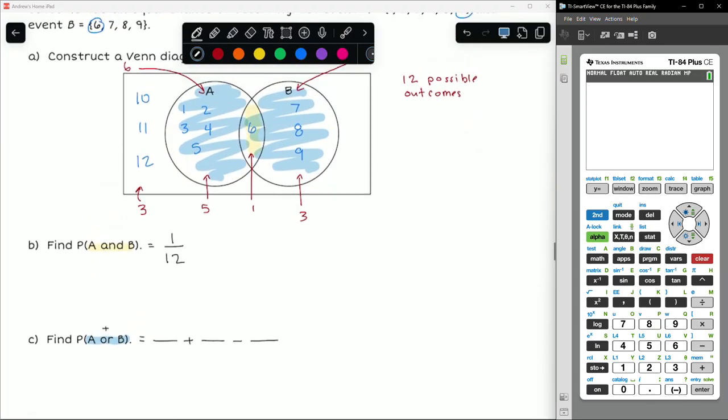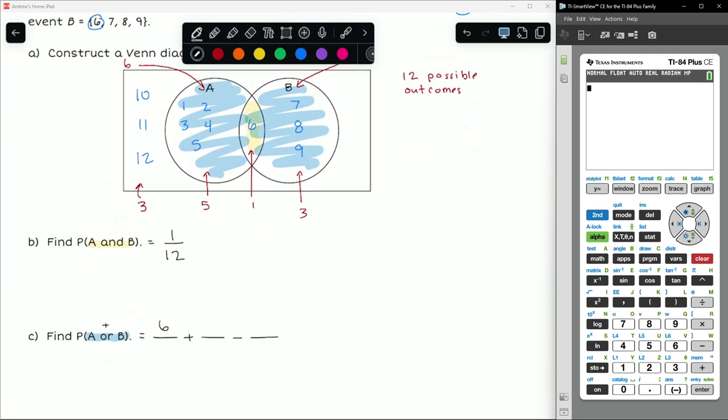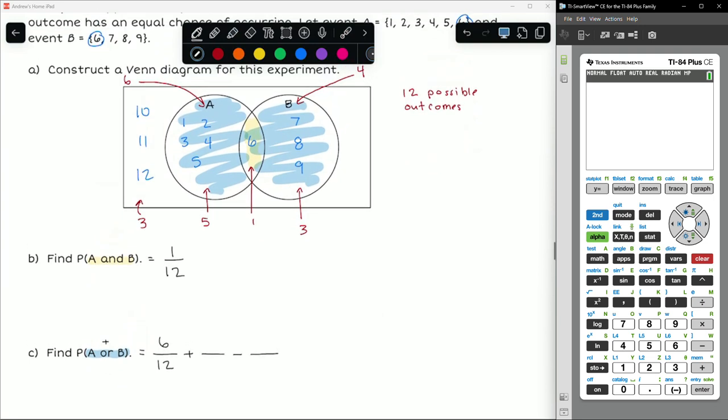So A has a total of 6 outcomes in it out of 12 total. B has a total of 4 outcomes out of 12. And there is 1 outcome that got counted twice, the 6 that's in the overlap.